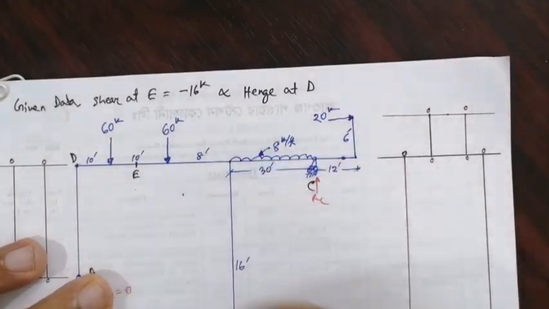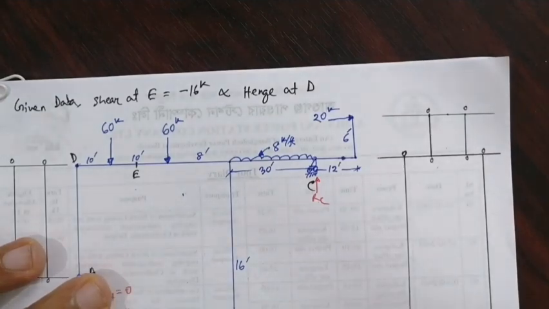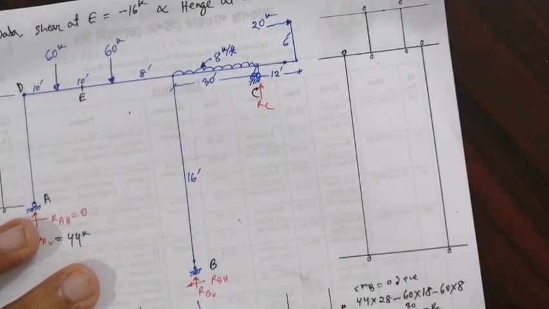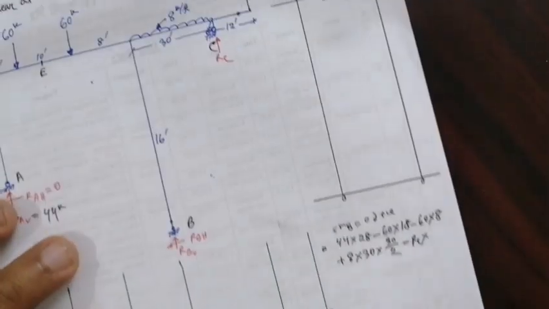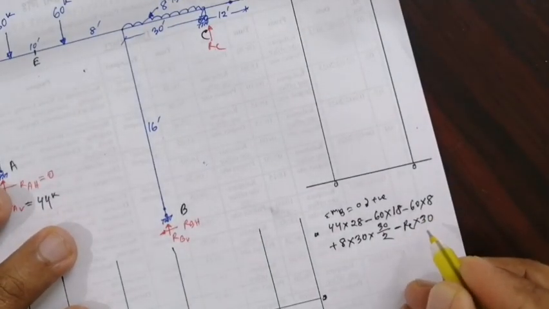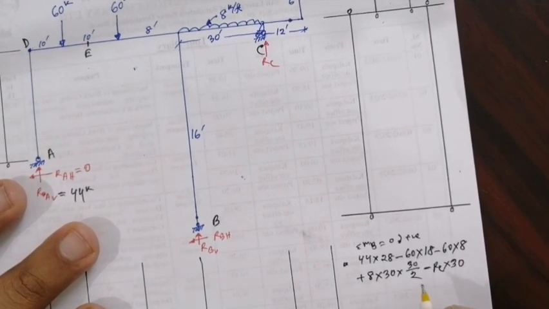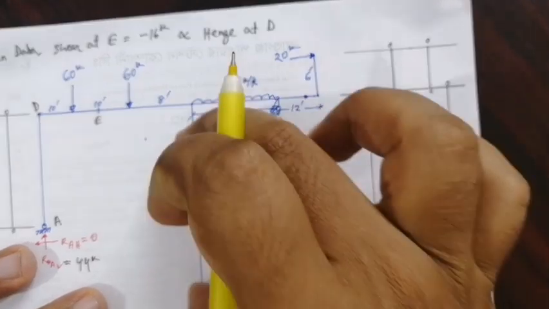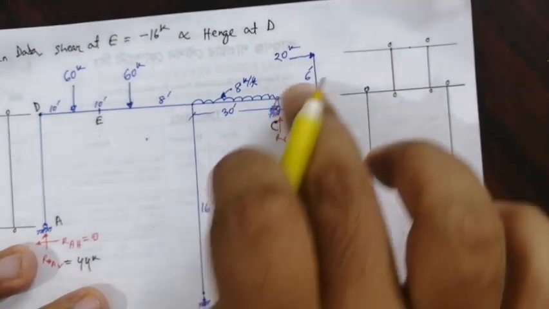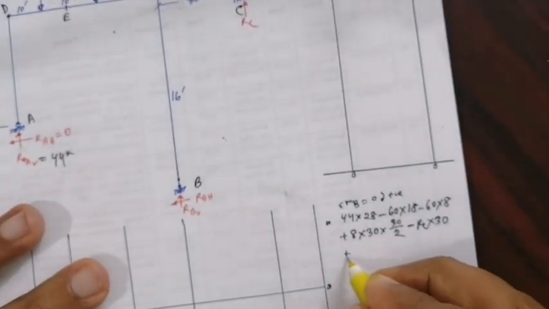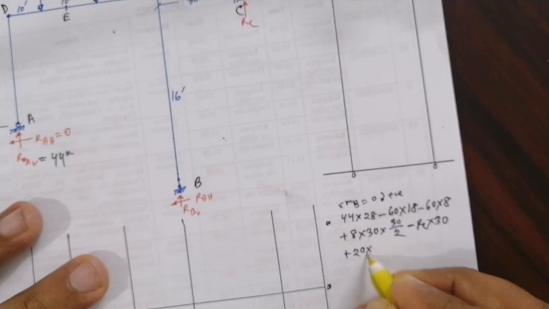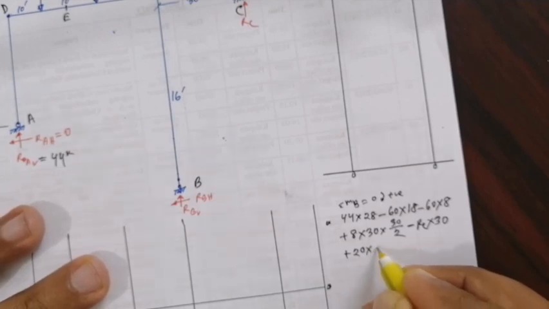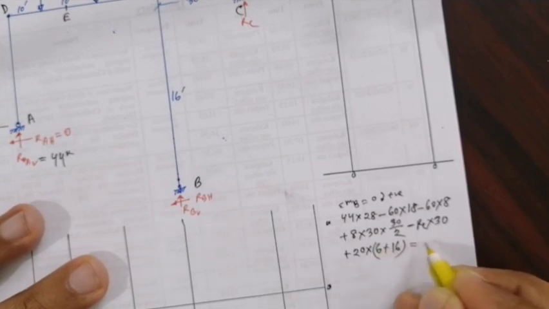RC is also anti-clockwise, so minus RC into 30. Now this 20 kip acts at 6 plus 16, clockwise, so plus 20 into 6 plus 16, equal to 0.